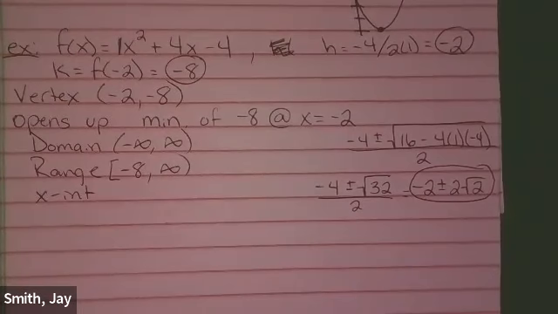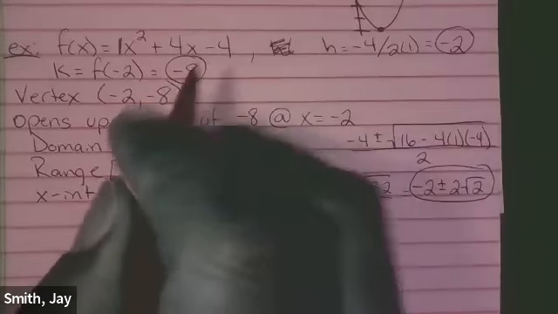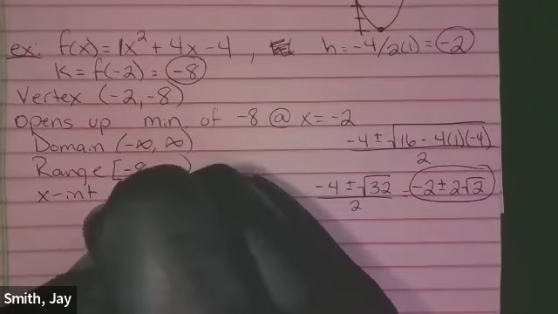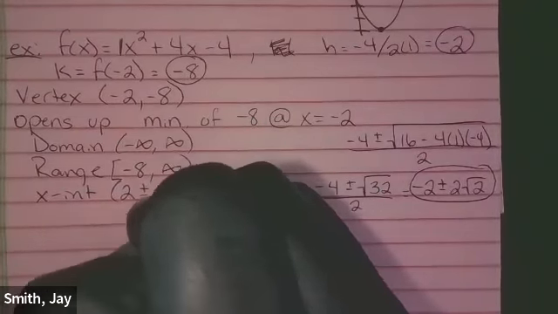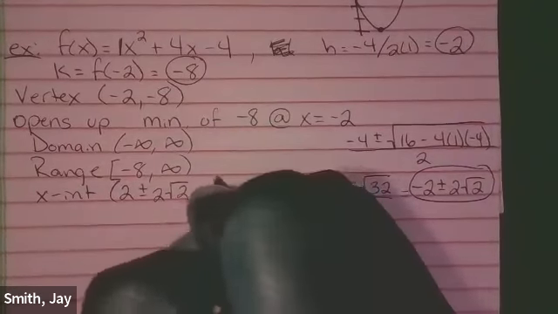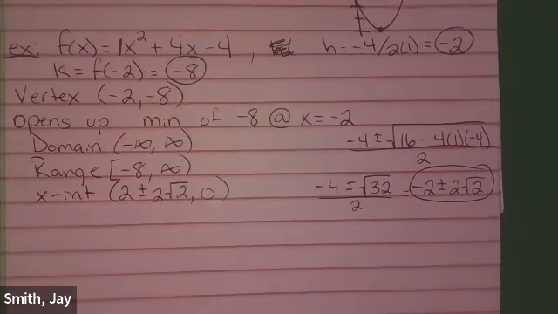That's because the square root of 2 is an irrational number. All right, nonetheless, our x-intercepts are negative 2 plus and minus 2 square roots of 2, comma 0. That's 2 x-intercepts: negative 2 plus 2 square root of 2, and negative 2 minus 2 square root of 2.